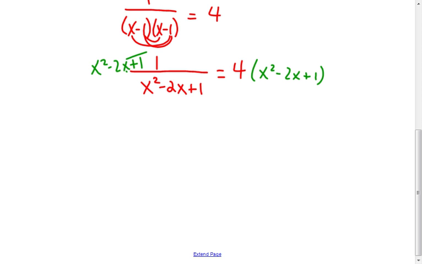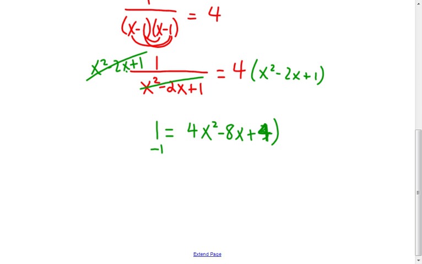And then that will get rid of my denominator here. Okay. And then if I distribute that 4 through, I will have 4x squared minus 8x plus 4. Sorry, I'm a step ahead of myself.